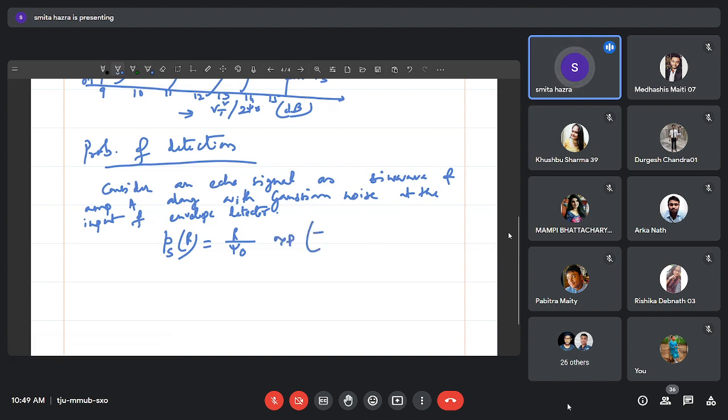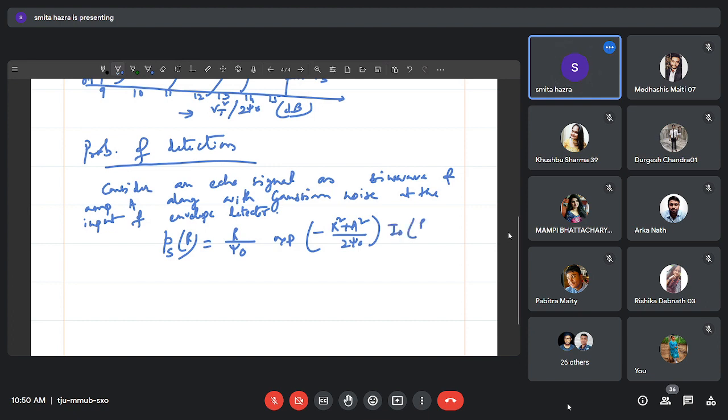In the exponent, instead of R only, we have to write the existence of A also, since they are in a superimposed condition. So we can write R square plus A square divided by 2 psi naught.